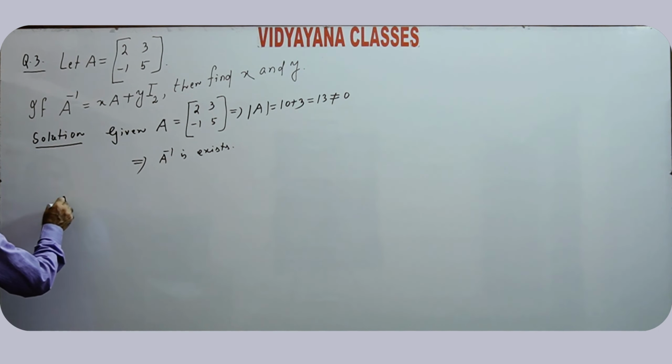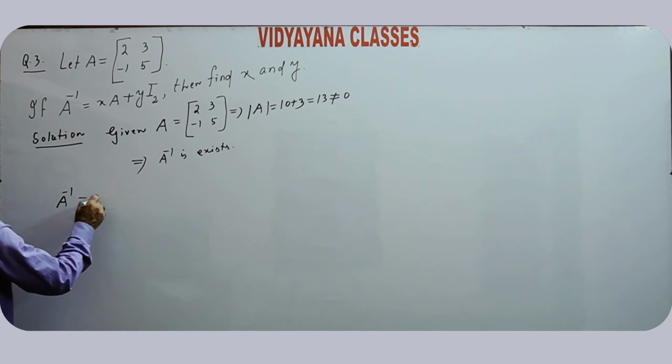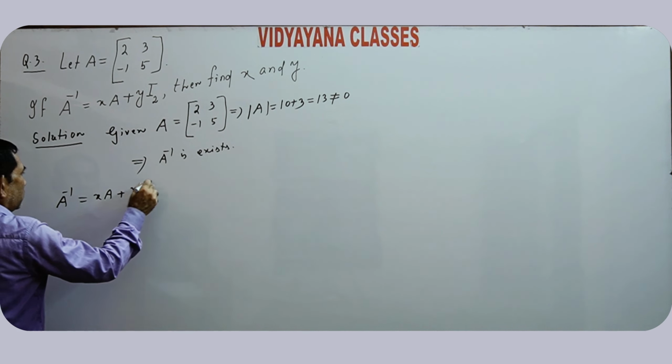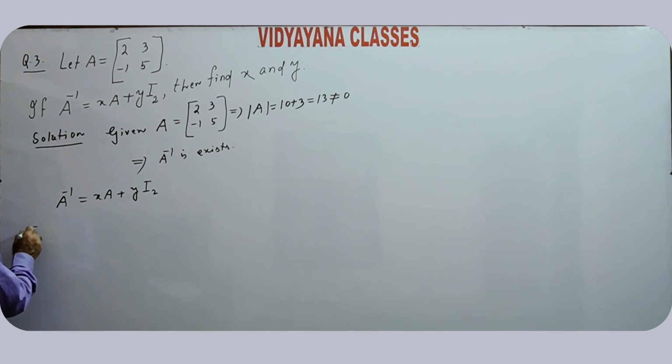A inverse is equal to X into A plus Y into I2. A inverse is defined by adjoint A divided by A determinant.